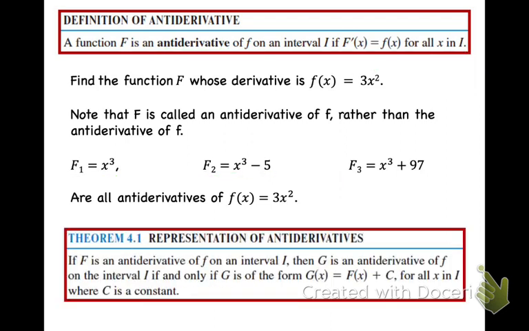Okay, and here is the definition in the book, so you can see what they say, but you probably don't want to write anymore. So if F is an antiderivative of f on the interval I, then G is an antiderivative of f on the interval I if and only if G is of the form G of x equals F of x plus C, meaning that we've added that constant there, for all x in I, where C is a constant.